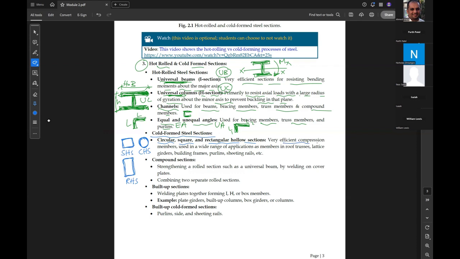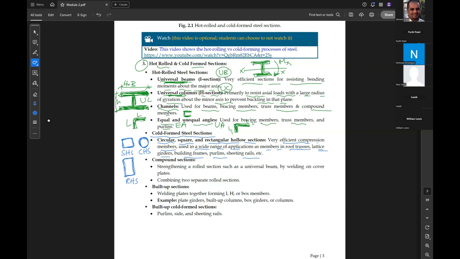Very efficient compression members, can be used as a compression member, used in a wide range of applications. As remember, roof trusses, lattice girders, building frames, purlin, sheets, and so on. Okay, so these are some examples of the cold formed section.